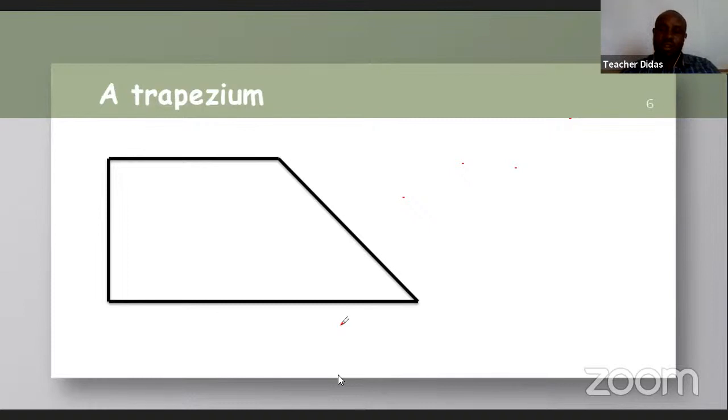Ishara. Yes, teacher. Spell the word and mention it. Trapezium. Oh, trapezium. Ishara, mute yourself.